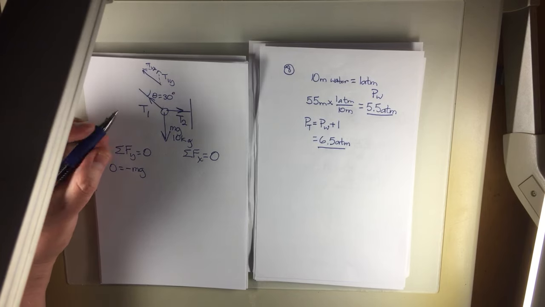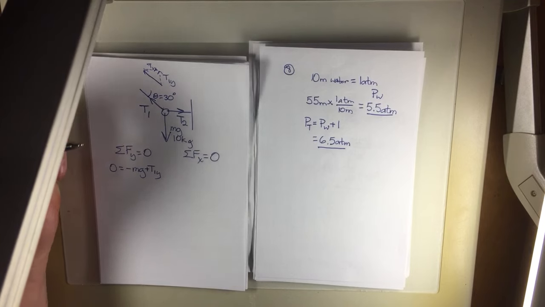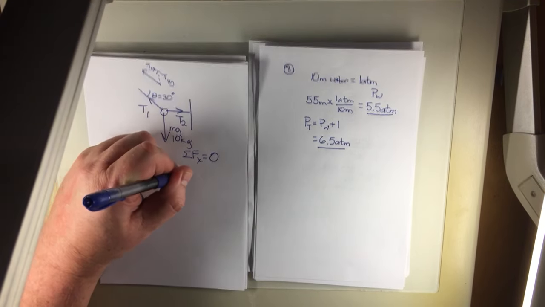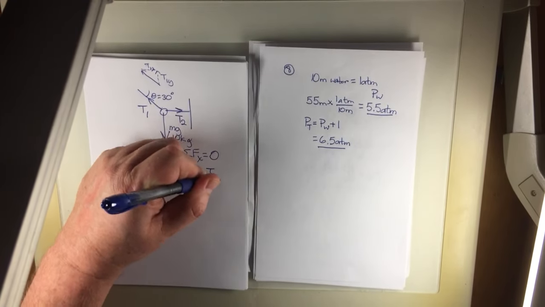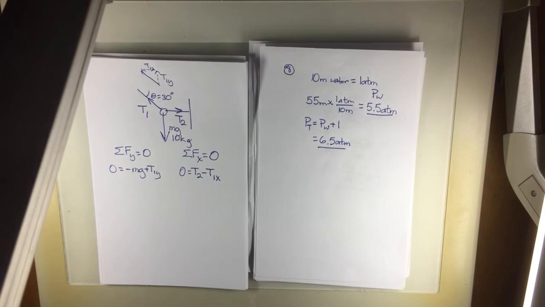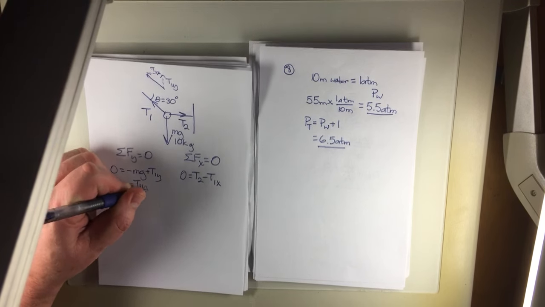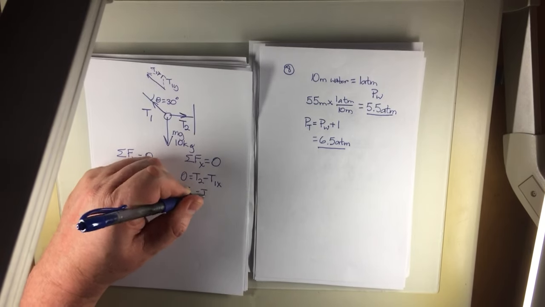So T1y is vertical, so plus T1y. Sum of the forces in x, T2 is to the right, and T1x is to the left. So we've set the problems up according to their forces. Now mg is equal to T1y, and T1x is equal to T2.